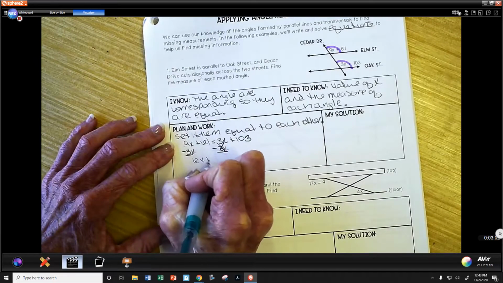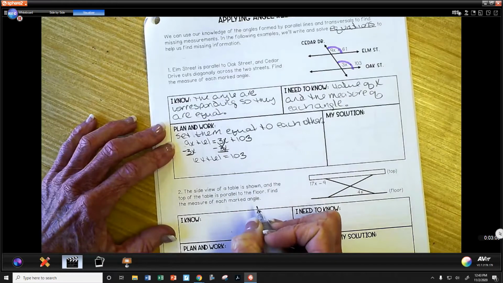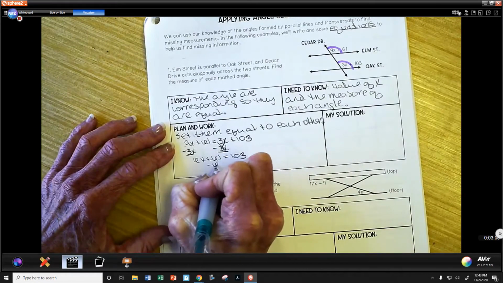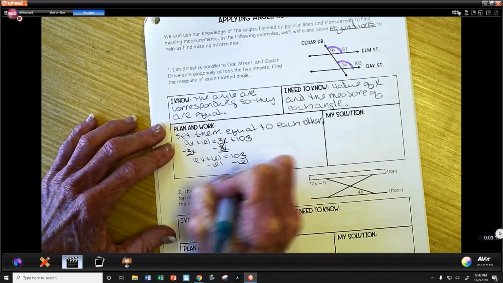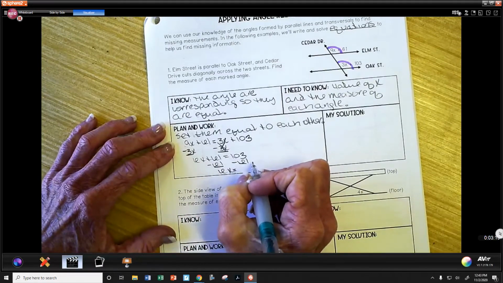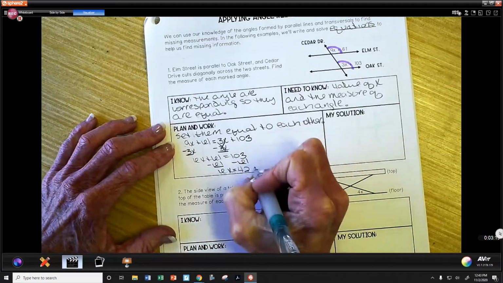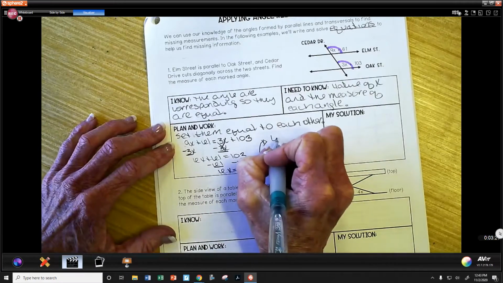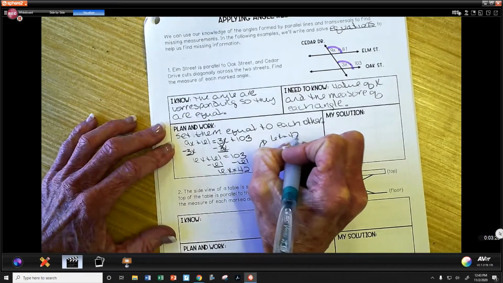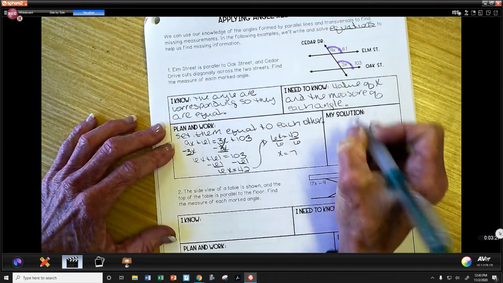So that's going to be 6x plus 61 equals 103. Okay, now I'm going to subtract 61 from both sides. And I get 6x equals 42. Divide by 6, so x equals 7.